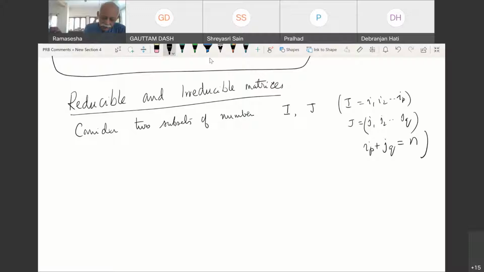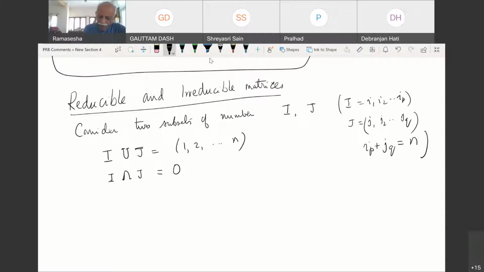That means I union J is equal to 1, 2, etc., n. And when you want to find the difference between the two sets I and J, this is equal to the null set.